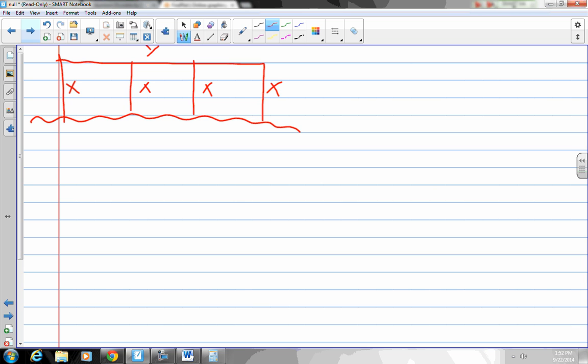And that side is y. And we have 3,200 feet of fencing. So I want us to find the dimensions of this lot so it maximizes the area.